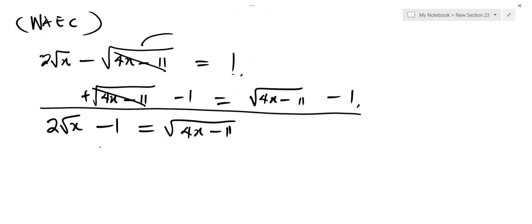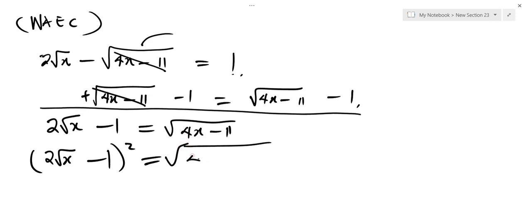Then now what I'll do is to square both sides of the equation. I will now say 2 times square root of x minus 1, all squared, is equal to the square root of 4x minus 1, all squared.